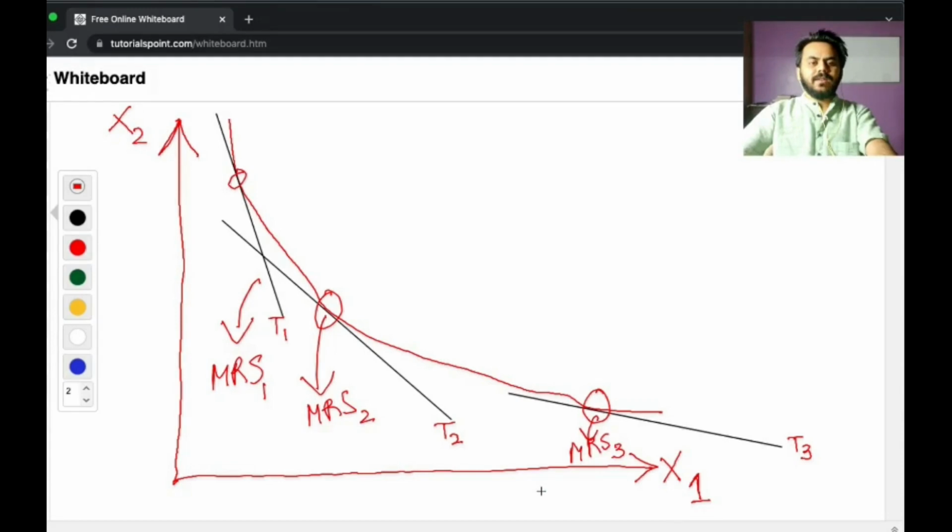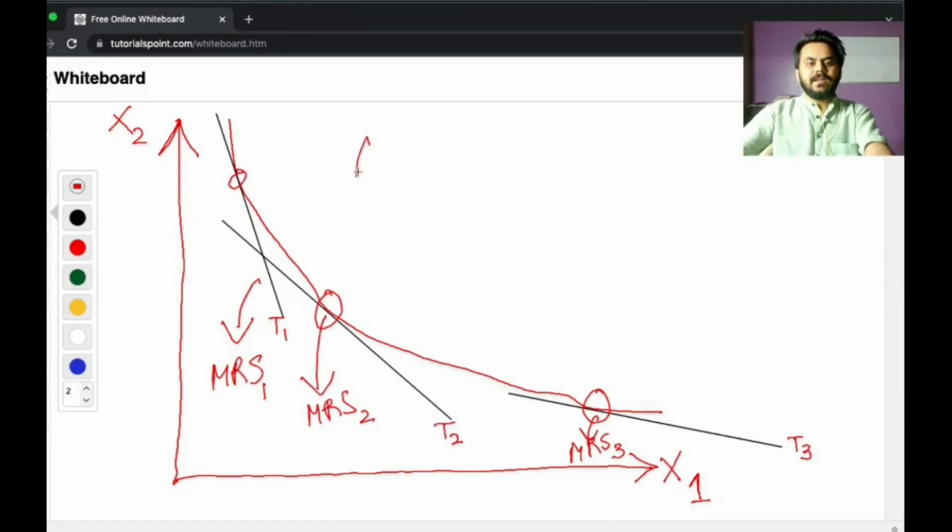Now you can very much understand over here intuitively that MRS is falling in an absolute sense, because the value will be negative, but in an absolute sense it will be falling. Why? Because think about it, it has become less and less steep. It was somewhat steep here, lesser steepness, then it has become flatter.